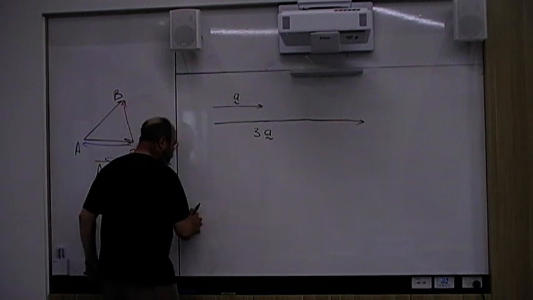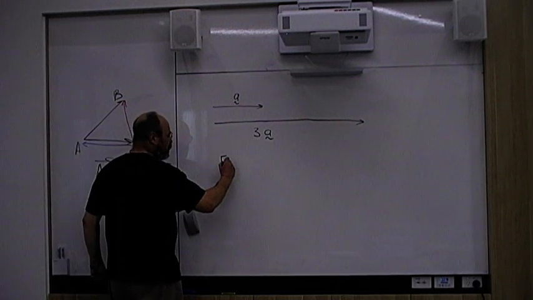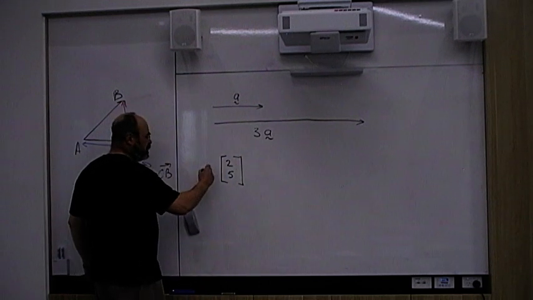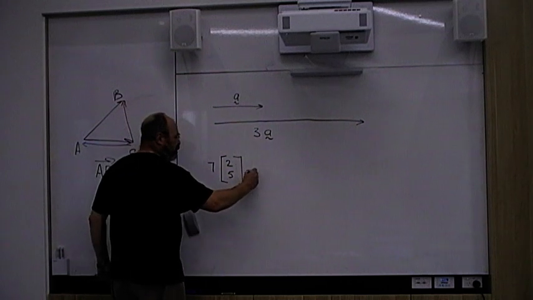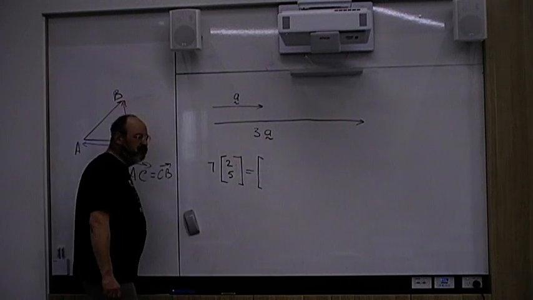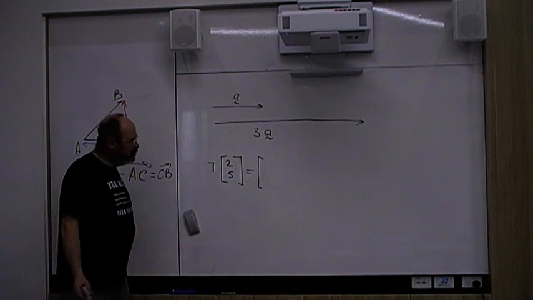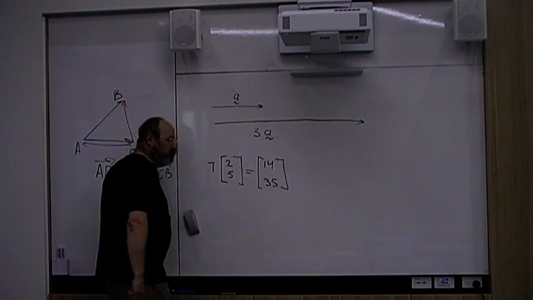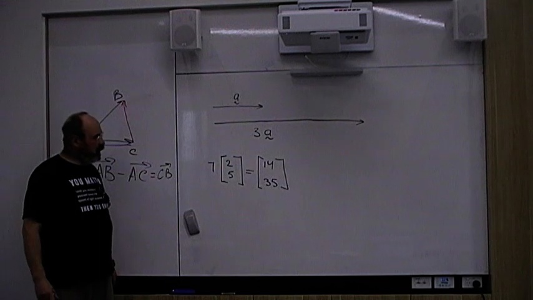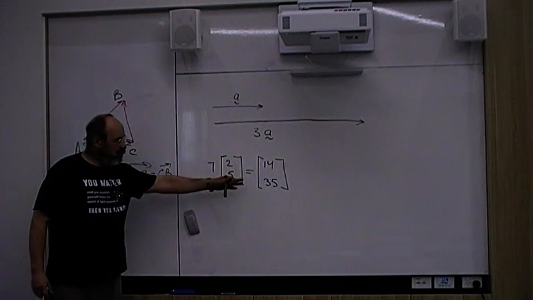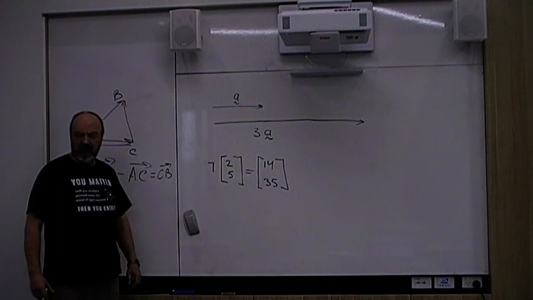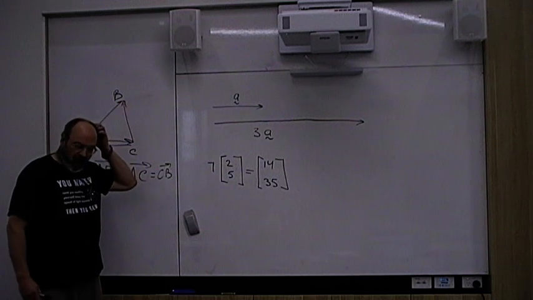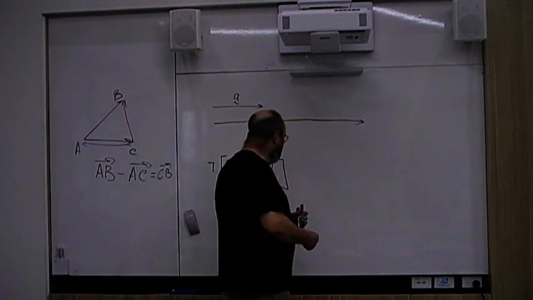If you're using matrix notation, for example, we have vector (2, 5) and we multiply it by, let's say, 7. What will be the result? 14 and 35. It will be the same direction, but it will be 7 times longer than this. Make sense? So that's pretty much all of the theory.